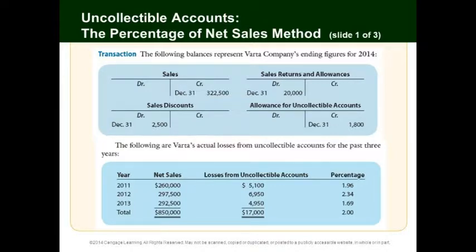So it's an allowance for uncollectible accounts of $1,800. And if you look down here, 2011, 12, 13, this is the percentage of bad debt for the year: 1.96, 2.34, 1.69. So overall for those 3 years, about 2% of their sales is lost because of bad debt or these uncollectible accounts.